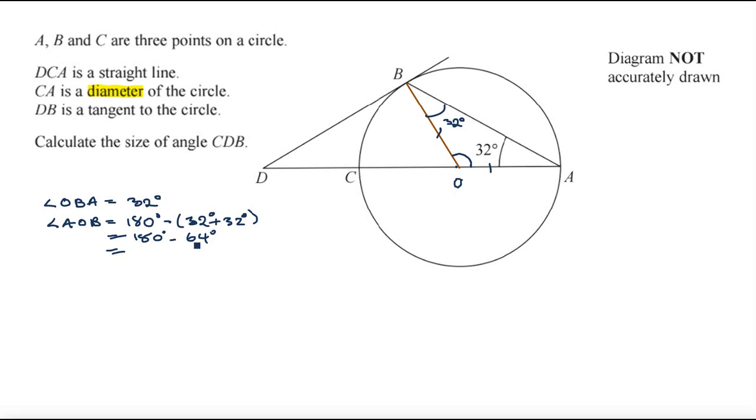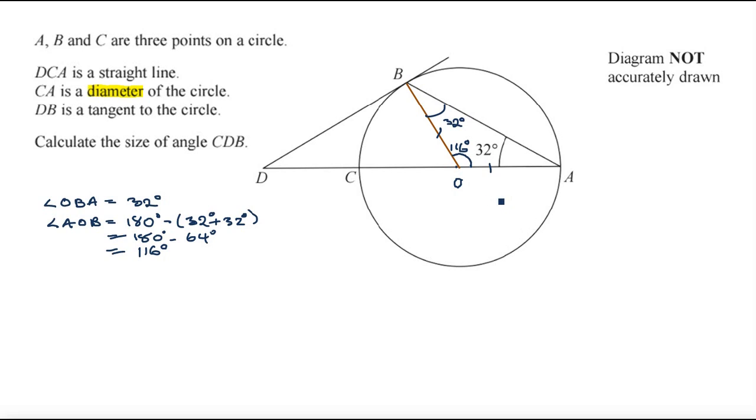Okay. No, 116 degrees, sorry. 116 degrees, jumping ahead there. So this angle here is 116 degrees. So we've got all the angles now of this triangle.